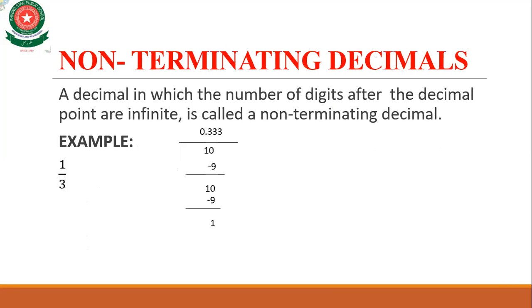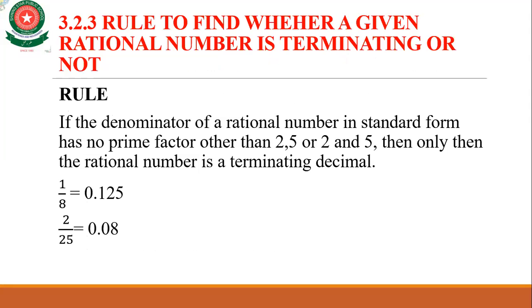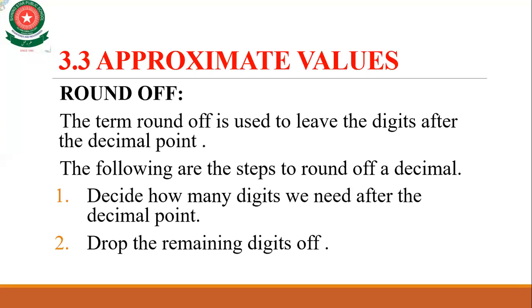You can see that this decimal will not be completed, there are a lot of 0.33333, and we don't have much time to write all these. So we write only 2 to 3 digits after the decimal point and ignore all others.